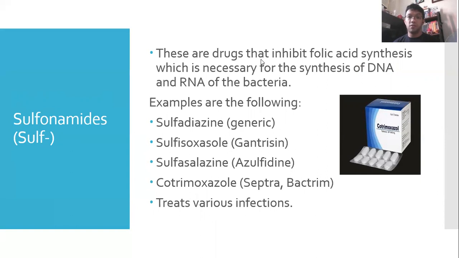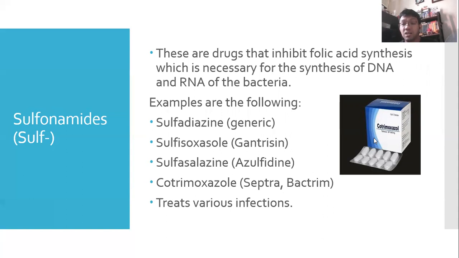Now we go to the sulfonamides. Sul or sulf are the common prefixes of sulfonamides. These are the drugs that inhibit folic acid synthesis, which is necessary for the synthesis of DNA and RNA in the bacteria. So it's interfering with the creation of DNA and RNA inside the bacteria.